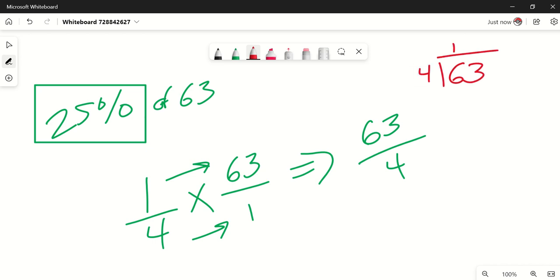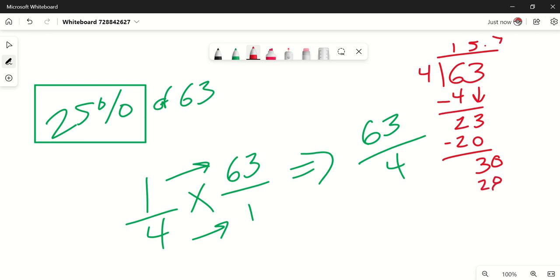4 can go into 6 once. That'll be 4. That'll leave me 2 left over. I'm going to bring down the 3. 4 can go into 23 5 times. That'll be 20. And then I'll get 3 left over. Now I'm going to end up with a decimal because 4 cannot go into 3. 4 will go into 30, 7 times.